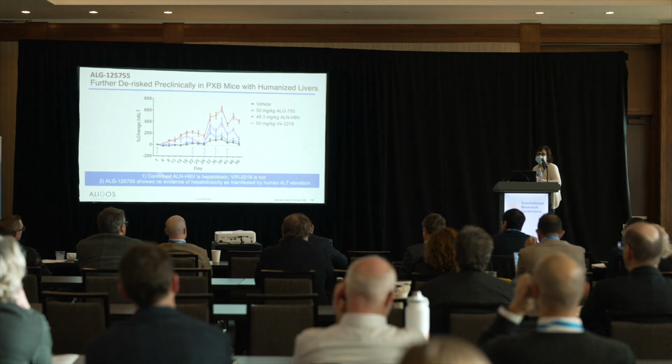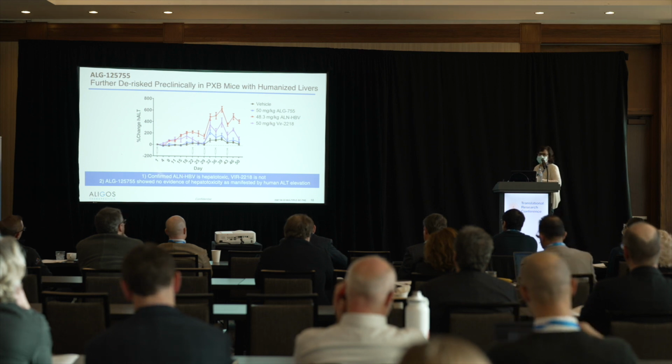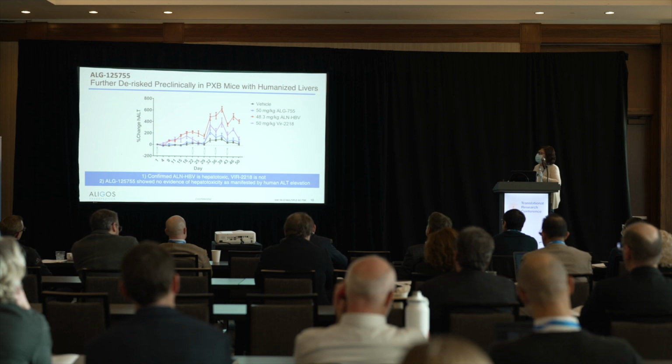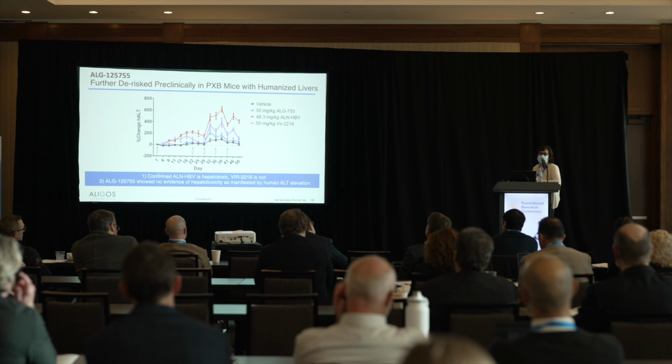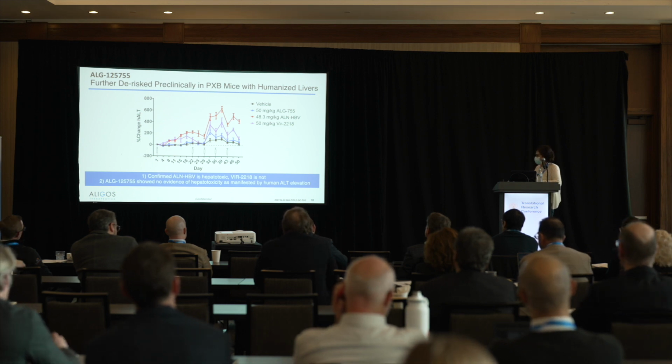It's not hepatotoxic in normal rodents. So this was a good model to be able to predict that toxicity and to give us some reassurance that with our 755 molecule we were not going to have hepatotoxicity in the clinic.